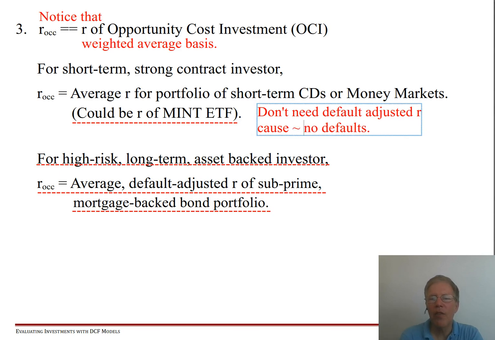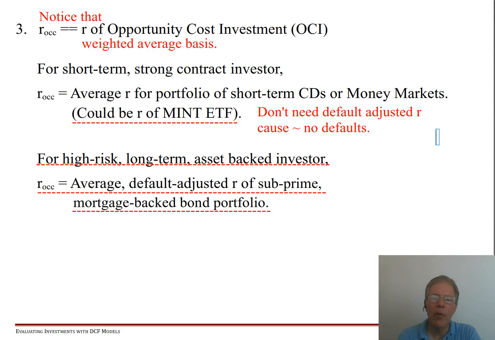If a bank does default on a CD, the federal government does step in and makes the investors whole. So it's not really that there are no defaults, but there are really no implications of those things defaulting. But definitely some of these subprime mortgage-backed bond portfolios will default. So we've got to adjust the R down to account for that.